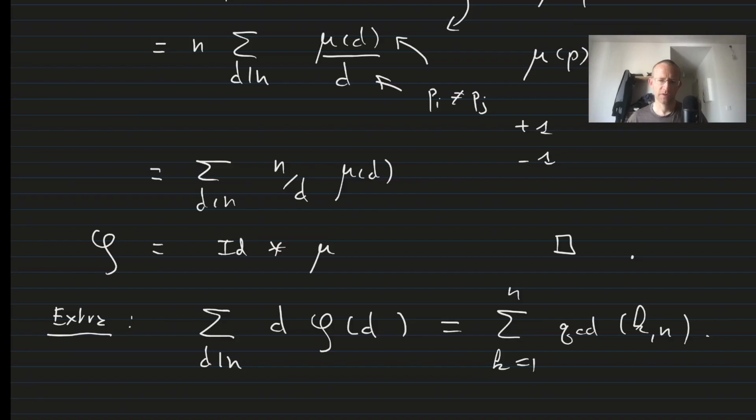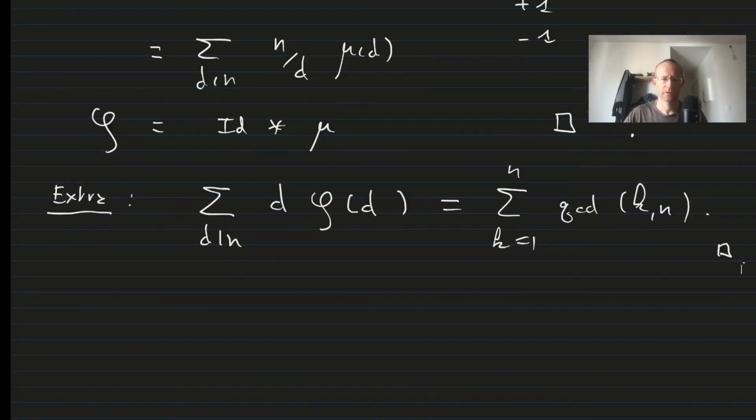So it's a small exercise to try to prove this. So in summary, phi is equal to identity Dirichlet convoluted with the Möbius function is how the Euler totient function interfaces with Dirichlet convolution and the Möbius function.